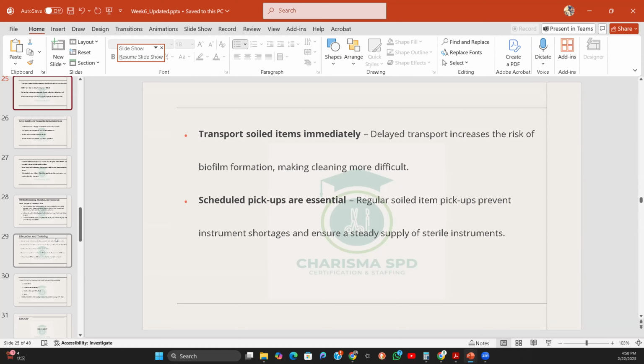Under what circumstance are you able to use the cart that was used to transport dirty or contaminated instruments from the OR to transport sterile sets back to the OR? Under what condition can you do that? Oh, my class is silent.